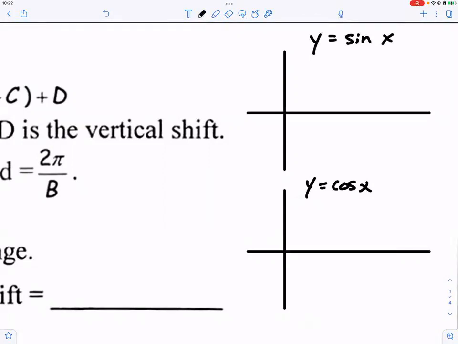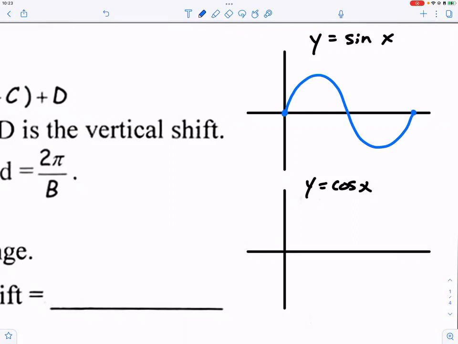As I said, it's extremely important that you know how to sketch these two graphs at any time of the day. I hope for the rest of your life. So for the sine graph, it goes from the origin, the middle point, goes up and down, and it ends at what x value?